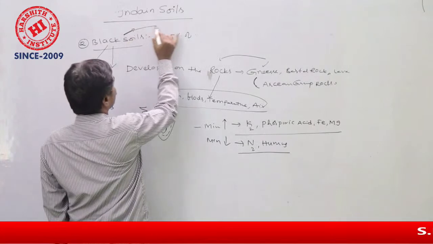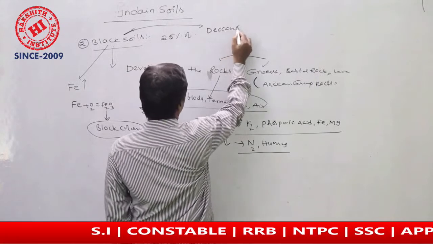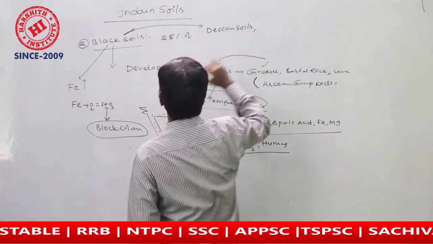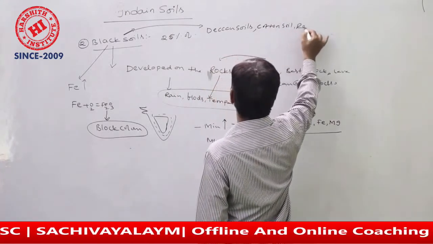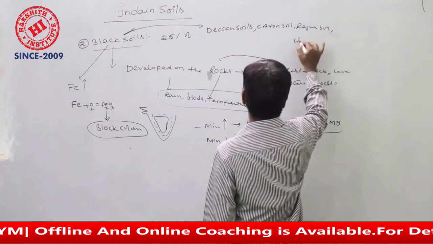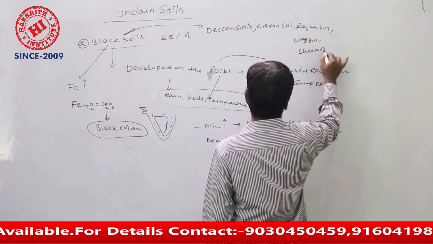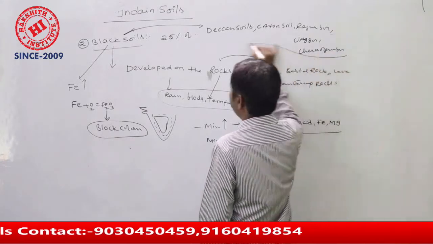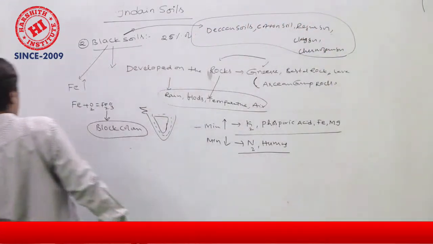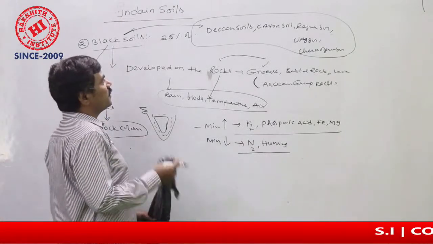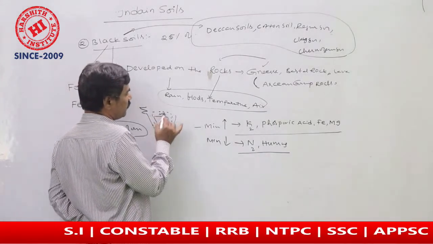Another name of the black soils is Deccan soil. It is also called cotton soil, Regur soil, clay soil, and Chernozem soil. It is called Deccan soil because this soil is found mostly in the surrounding of the Deccan plateau.